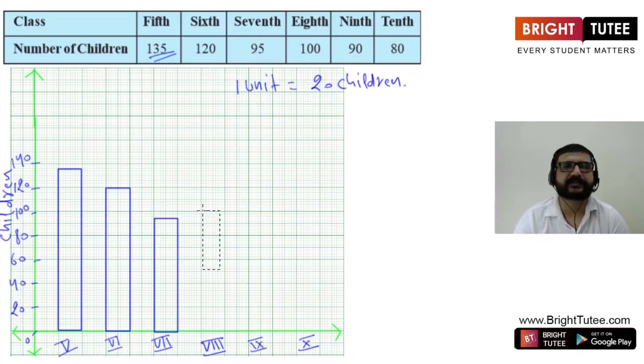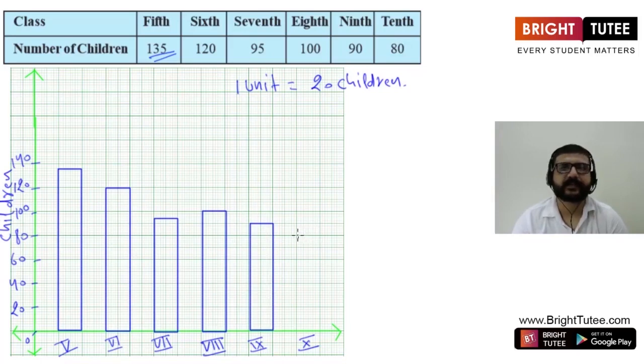So its bar will be having a height of 100. And then for class 9th it is 90. So it will be like this. And then for class 10th it is 80. So its bar will be of this height. So this is how we can prepare a bar graph.